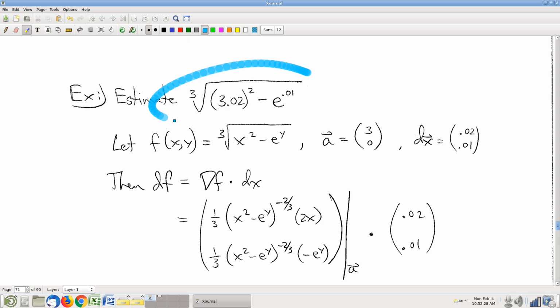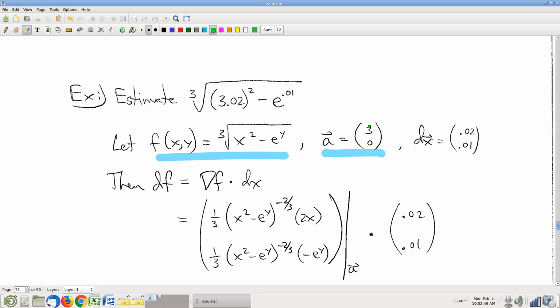Here we go. Suppose I want to estimate this nasty little expression here. Yikes. Okay, I'll make the observation that it is what you would get if you plugged that point into this function. Well, not quite, but pretty close. Let's think that through.